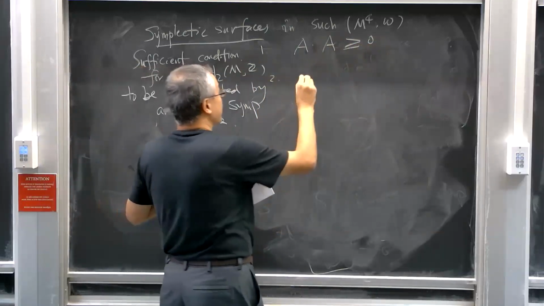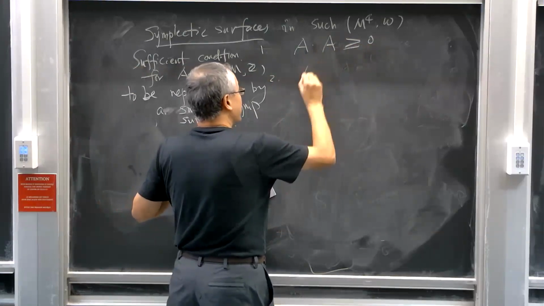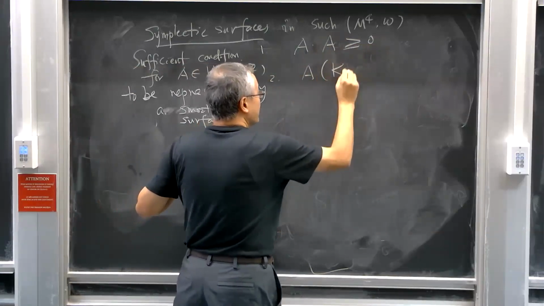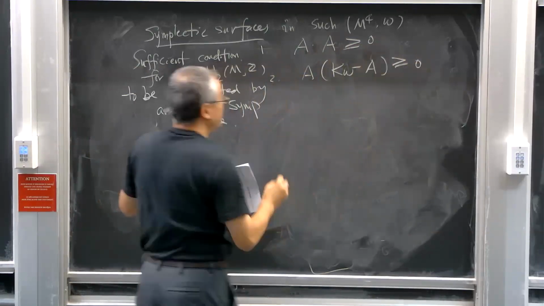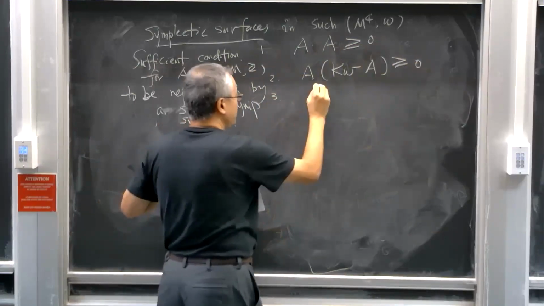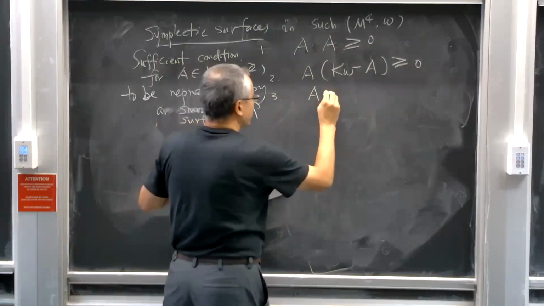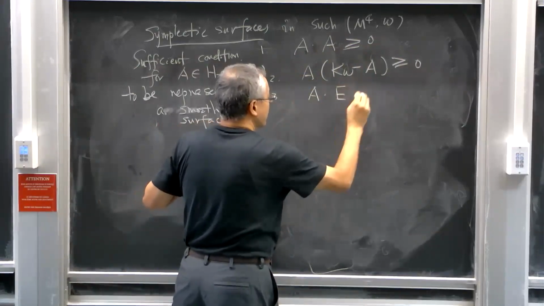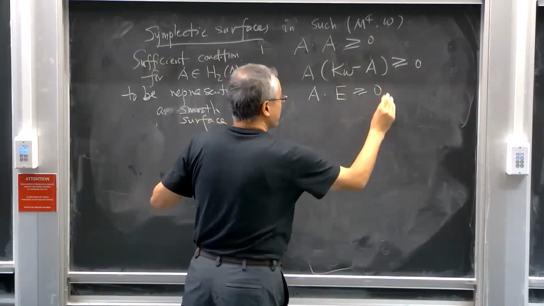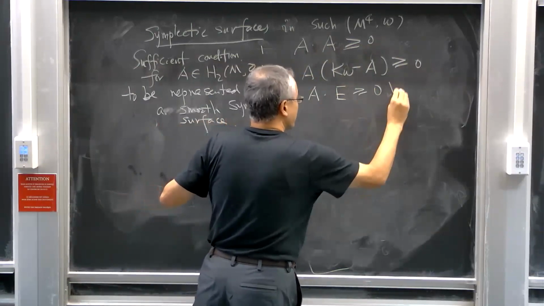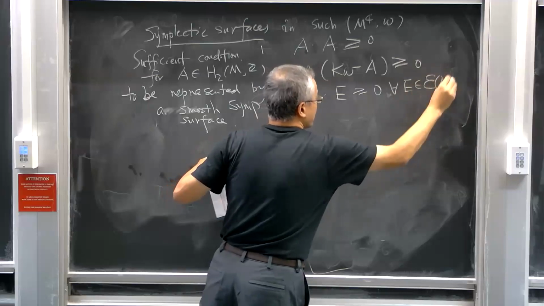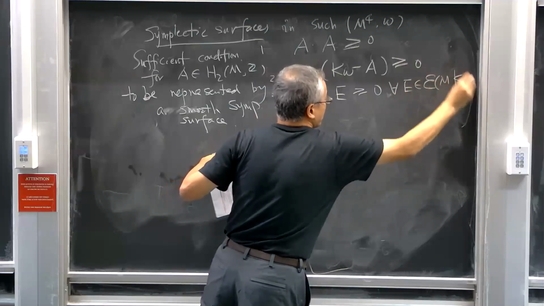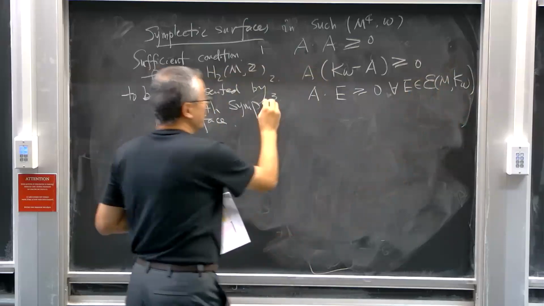And the second condition is that A dot something is non-negative.